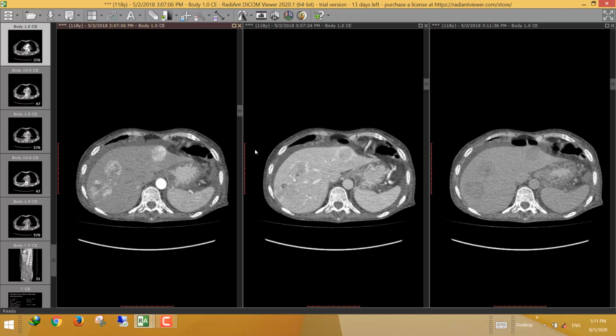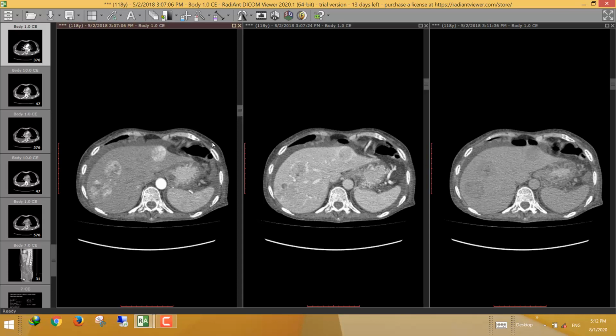So we look for the delayed or subsequent phases to see if there is a washout or not. If there is a washout, it is likely to be HCC. If there is no washout, this could be a hepatic adenoma or focal nodular hyperplasia.